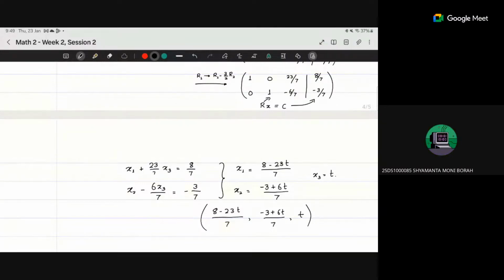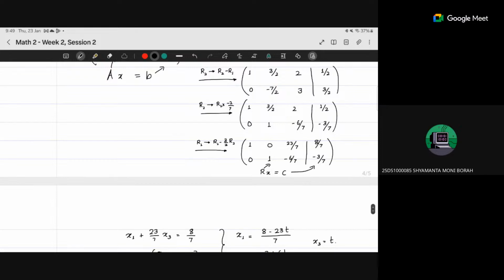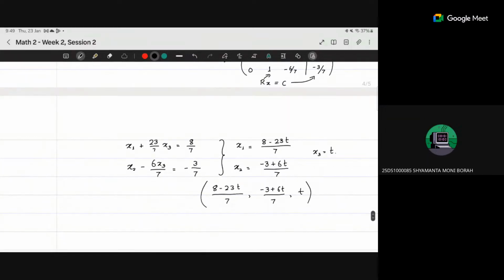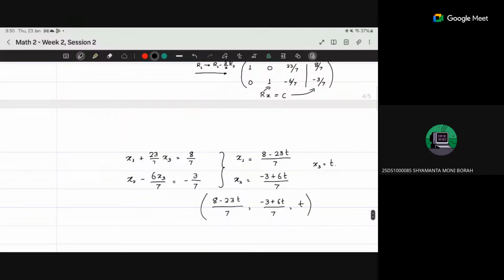AX equal to B, where we do X equal to A inverse B. That is also applicable to square matrices only, right? Yes, inverse is only for square matrices. If you look at the computational complexity for computing the inverse of a matrix and doing this, it is known that Gaussian elimination is faster. You have to check with someone who knows computer science more than me, but you will find standard references for that, I believe.